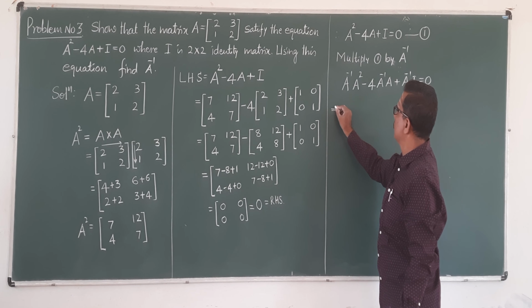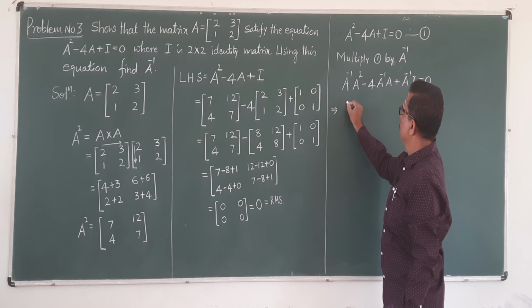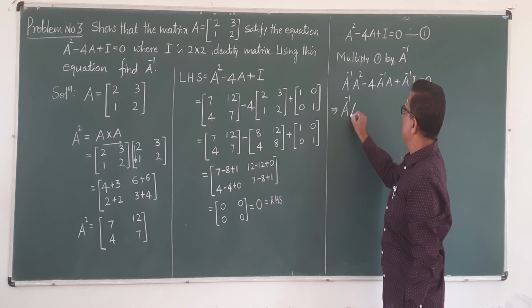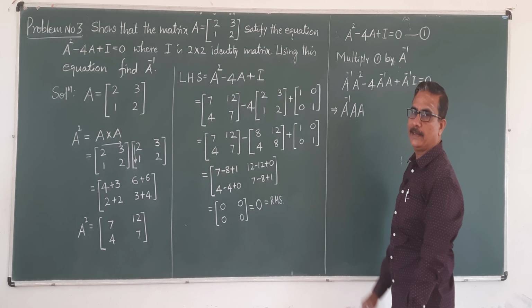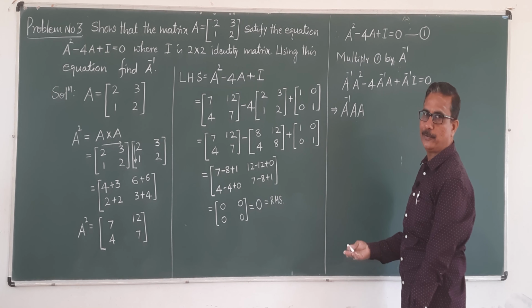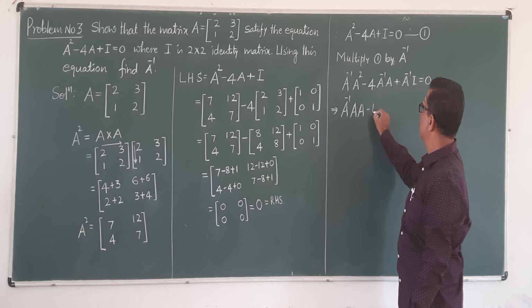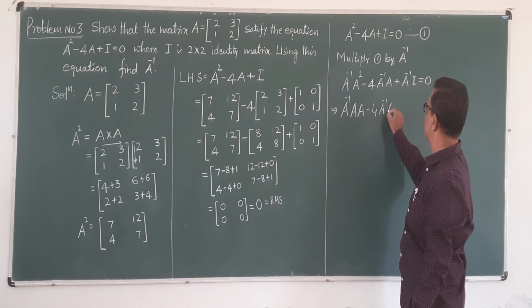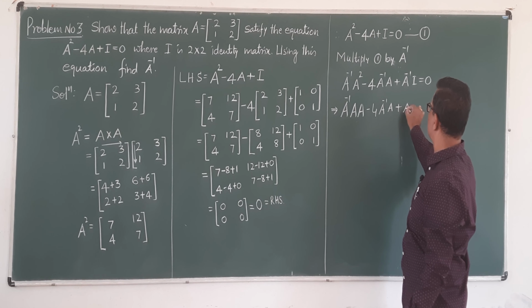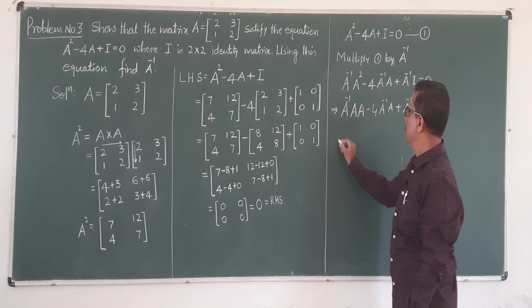Remove that bracket. This implies A inverse A square can be written as A inverse into A into A, because A into A is nothing but A square, minus 4 A inverse into A plus A inverse into I is equal to 0.